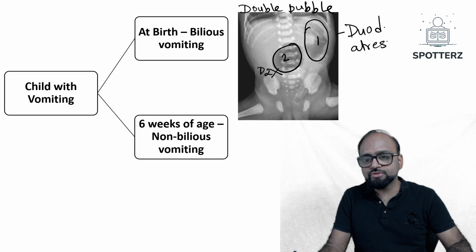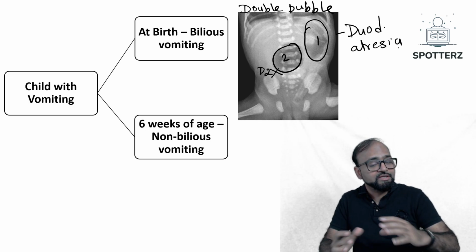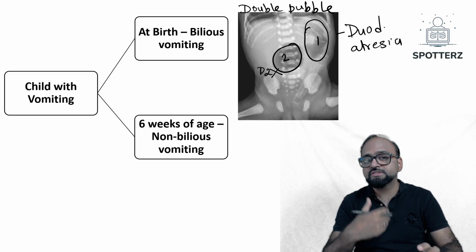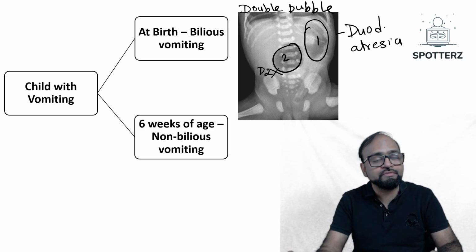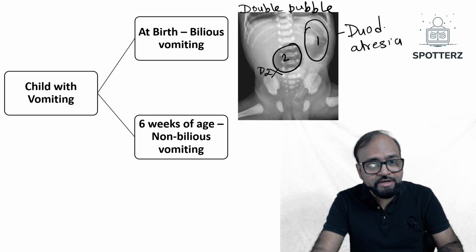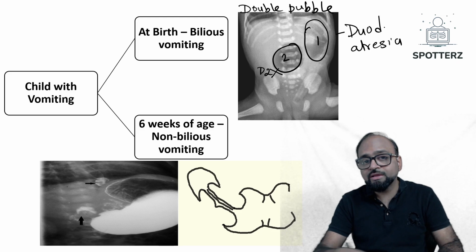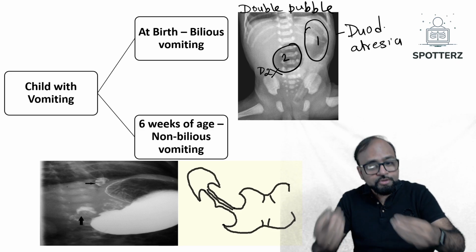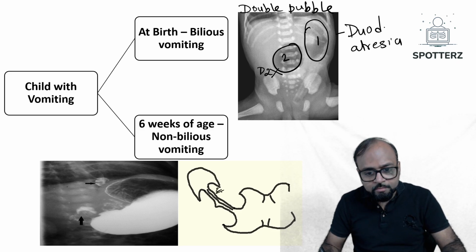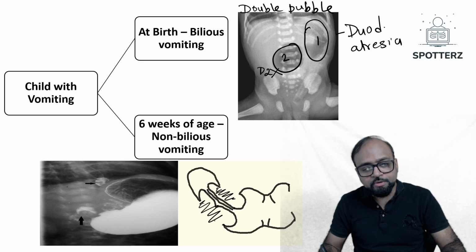Whereas a child does not present at birth but presents after a few weeks, that is 6 weeks of age, with non-bilious vomiting. That is because now the pyloric, right, muscle has hypertrophied, and this pyloric muscle, when it undergoes hypertrophy, whatever content is within the stomach is going to be vomited out.